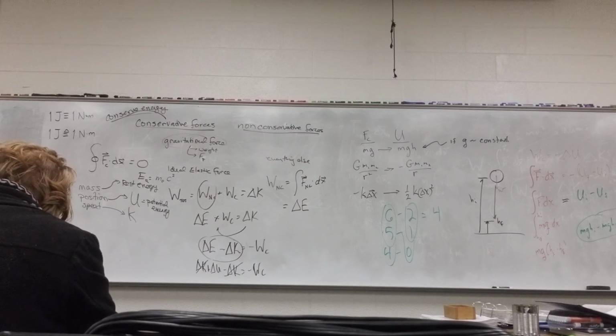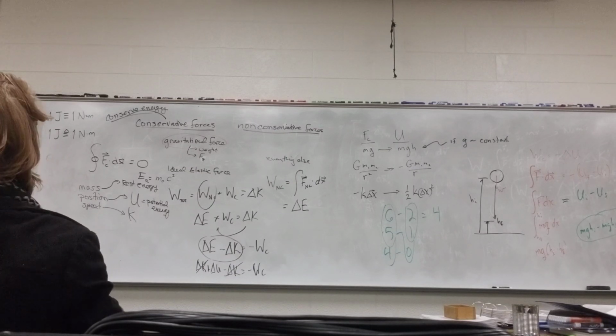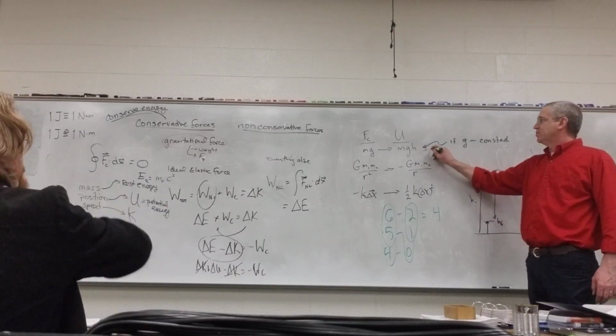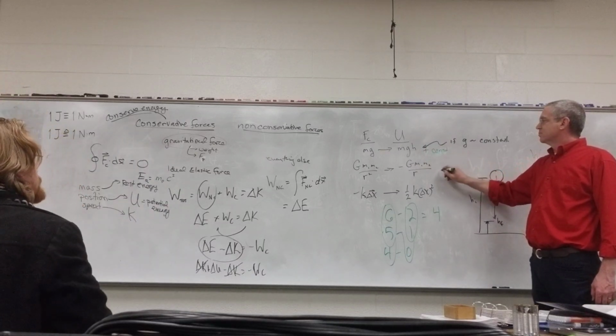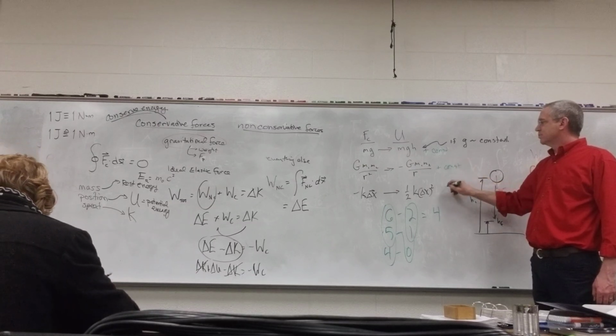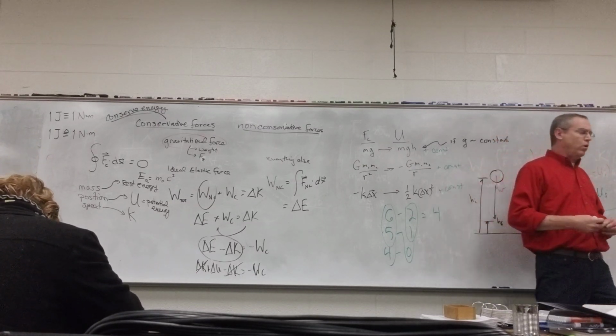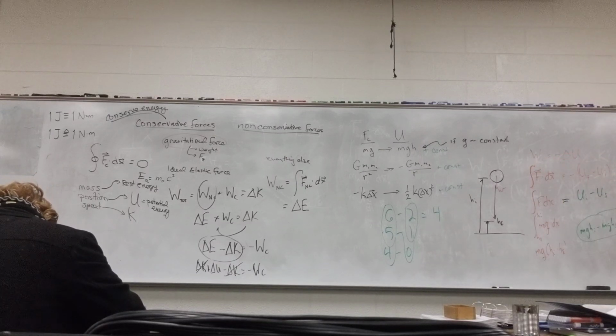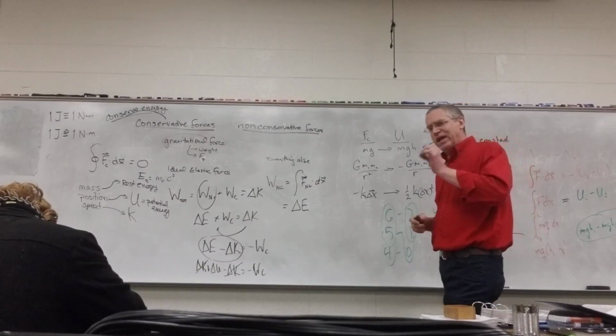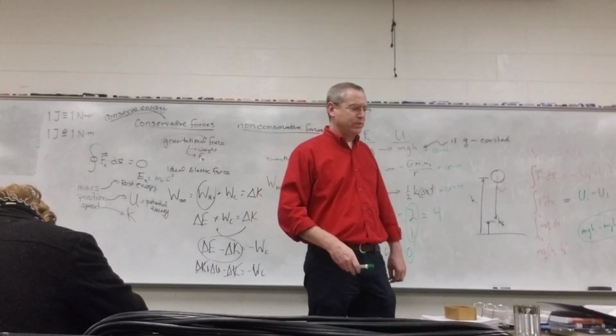We can make 0 anywhere we want, because the formula for any of those potential energy formulas is what I've written there plus some constant. Without knowing where it's 0, we can't tell you the value of potential energy anywhere, but it doesn't matter, because what matters is the change in potential, not the actual potential number itself.